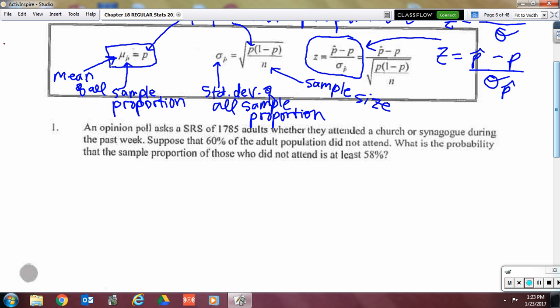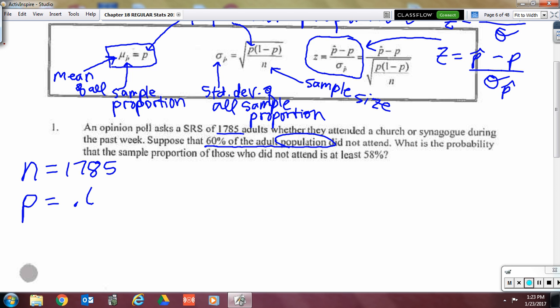Okay, so we're going to write down information we're given first. So the first number we come to is 1785, and that is your sample size. Okay. Then suppose that 60% of the population. So what symbol will represent 0.6? No p hat. Population is true p.